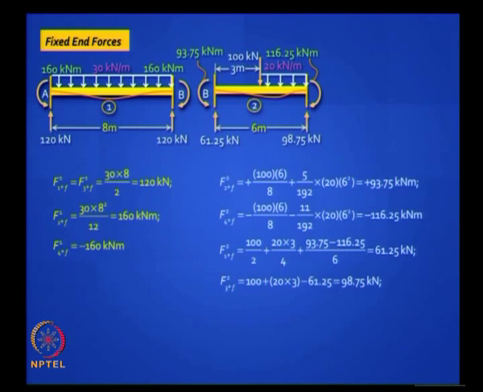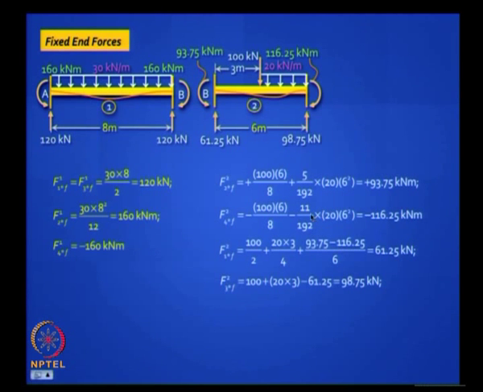So open any handbook like the book that you have been referred to, pick up the table and you will find the two numbers are 5 by 192 and 11 by 192. Okay. On this side this moment is 5 by 192 q0 L square, on this side it is 11 by 192. Okay. So do not worry, in an examination you will get only simple loading cases, concentrated load or UDL. Is it clear? Okay.